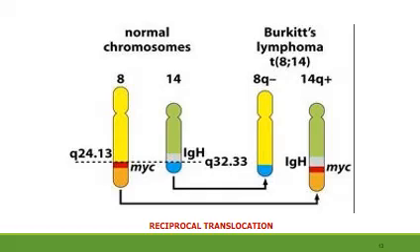This process is known as reciprocal translocation, because there is a reciprocal interchange. A segment from 8 goes to 14 and a segment of 14 goes to 8. In this process, the MYC gene, which has been translocated, becomes activated.